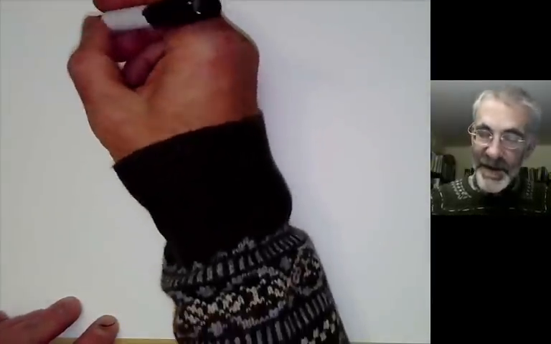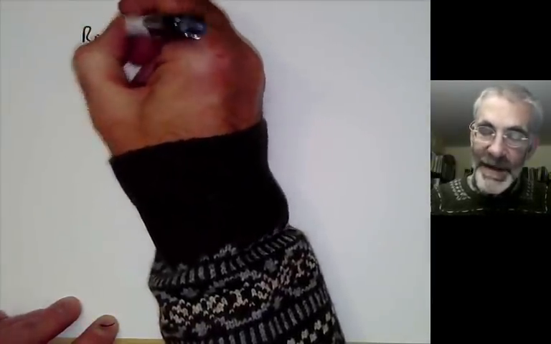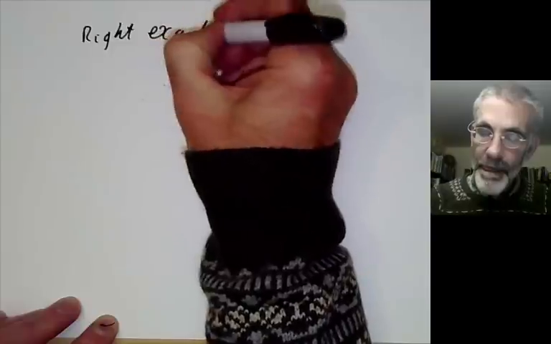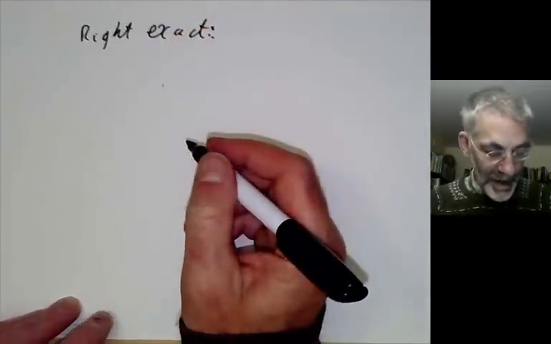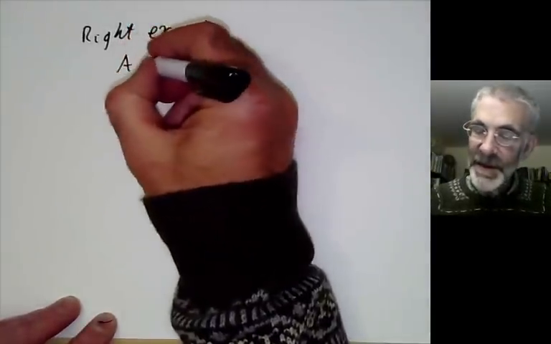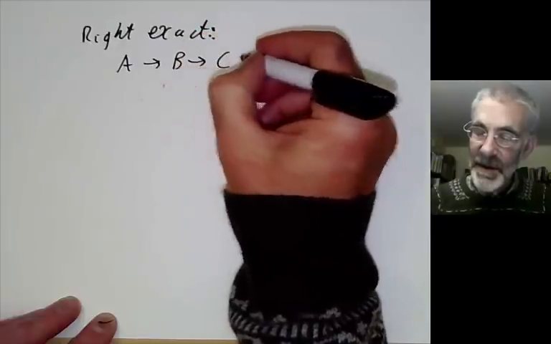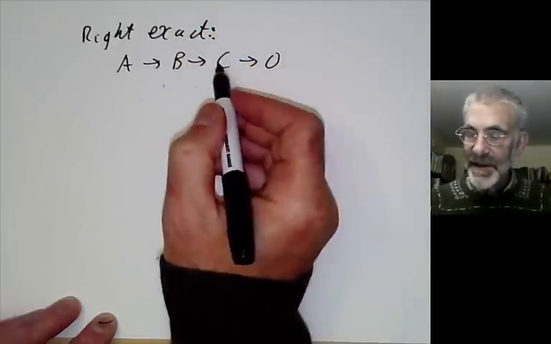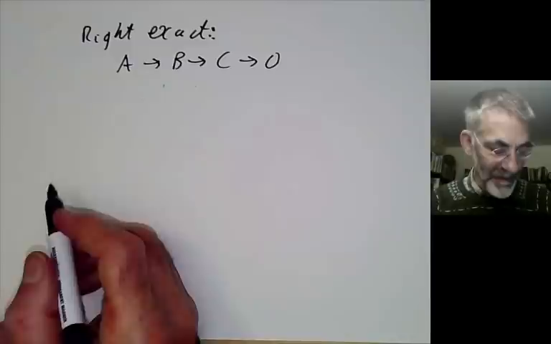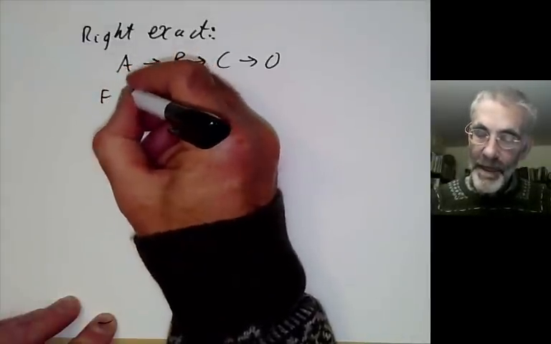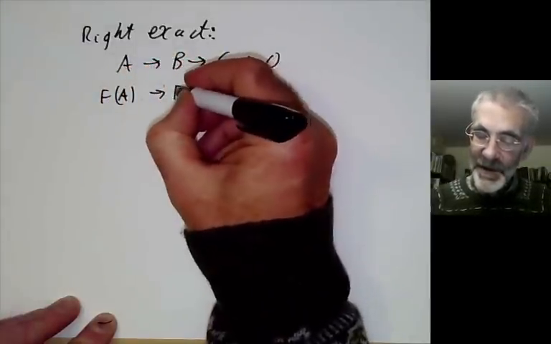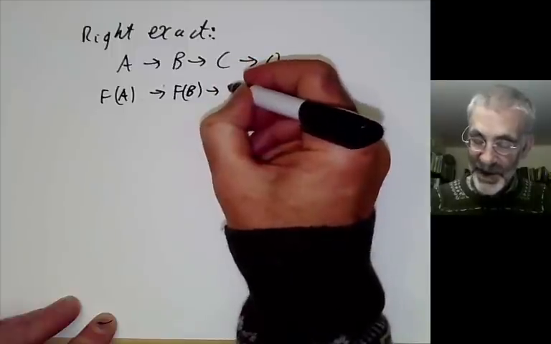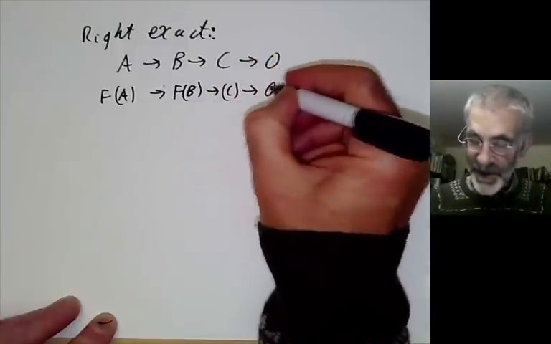of using this. So we recall that a right exact functor in homological algebra says that if you've got an exact sequence of groups, so C is just the quotient of B by the image of A, then the functor has to turn this into an exact sequence, so half exact sequence of groups.